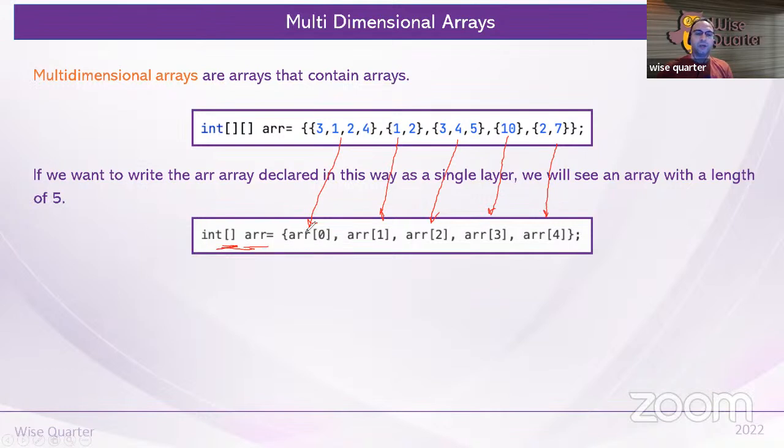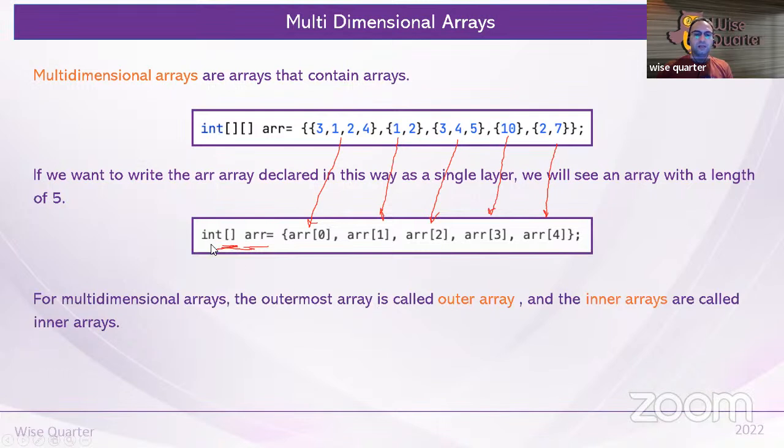If you are storing other arrays in an array, it will be a two-dimensional array. Yes, outer array and inner array you can store like this. Of course, you can create three-dimensional, four-dimensional arrays, but don't worry about it. It is very hard to follow what you are doing there.